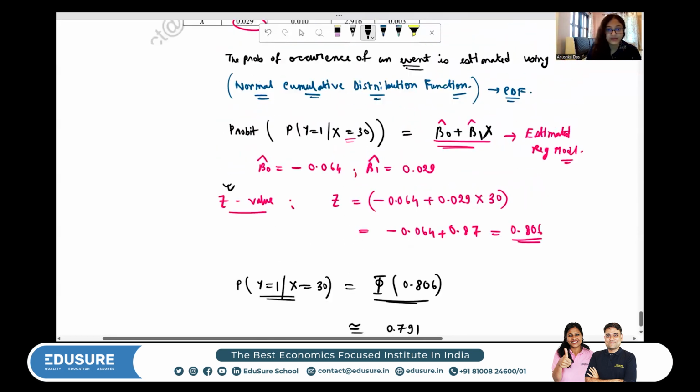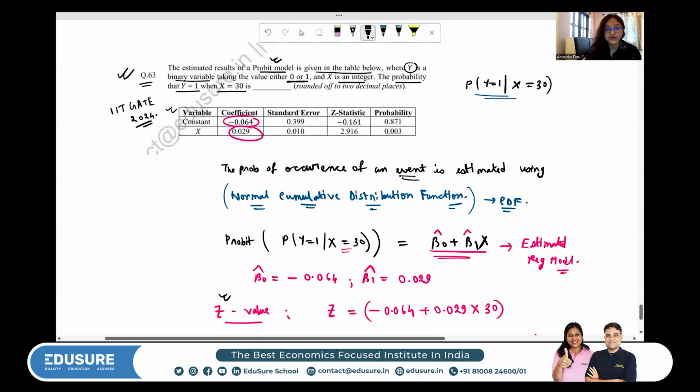So let me repeat what I have done. In your question, it is given that you are using a Probit model, and also this estimated table is given to you. In this table, you have the constant term and the x term, the coefficients corresponding to them, the standard errors, the z statistic, and the probabilities, right?